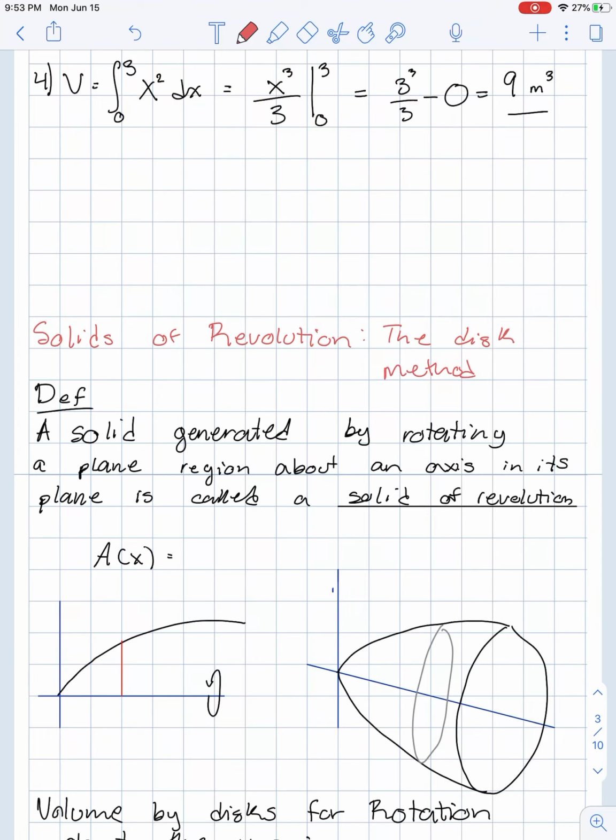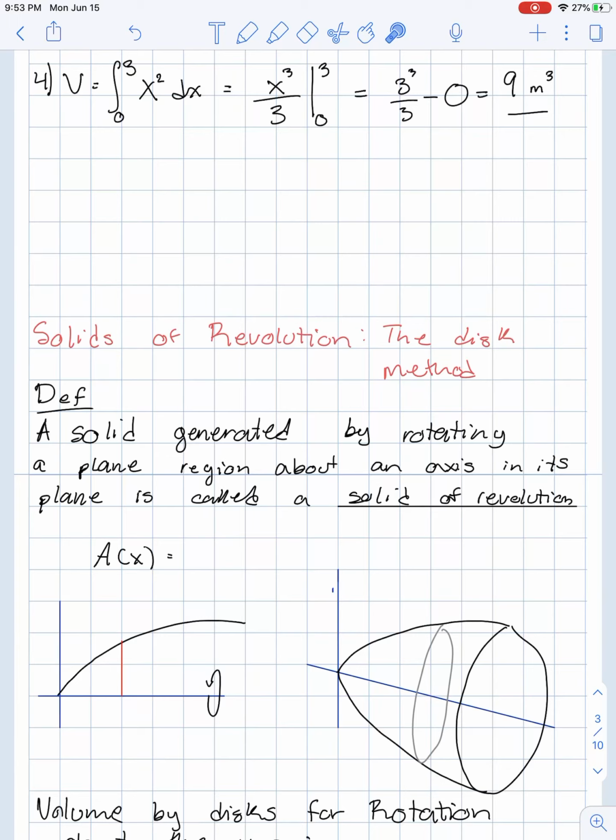Okay, cool. So the definition: a solid generated by rotating a plane region, so a cross section, as if I sliced it down the y-axis. So I took my knife and on the y-axis I cut right down, and I got this beautiful cross section.